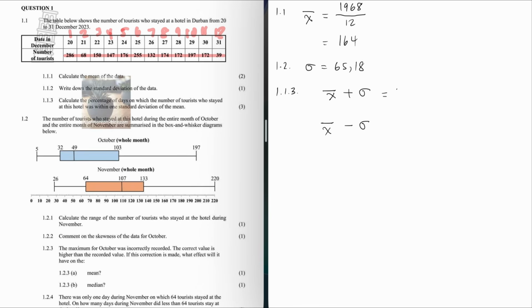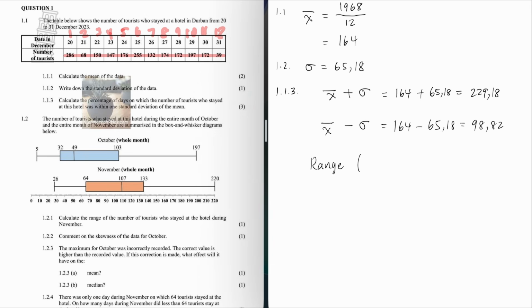So the mean is 164 plus 65,18, and that's equal to 229,18. Then the mean minus the standard deviation, so 164 minus 65,18, that's equal to 98,82.